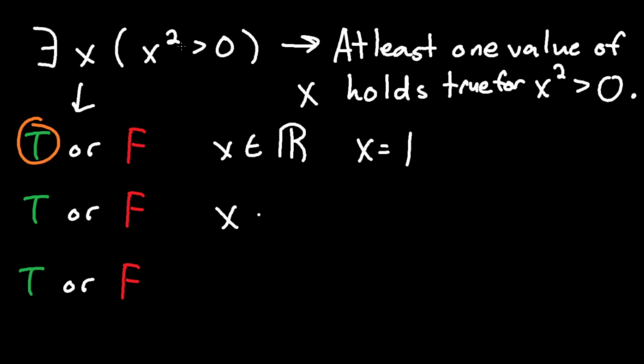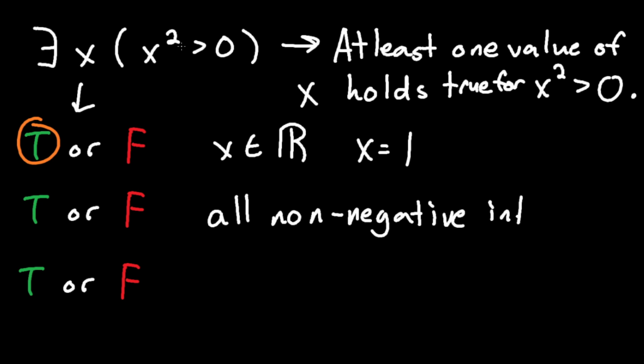Let's go ahead and try out all non-negative ints. And here's the thing about non-negative ints. That includes 0. So, also, it went silent there so that you guys could do it in your head. But remember, x equals 0.